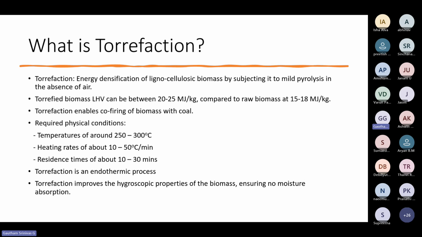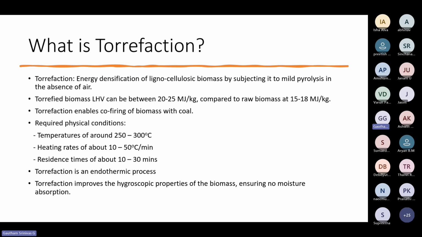So we're losing only 10% of the total energy content, in the course of losing the volatiles and also providing energy for this process. Only 10% is lost, while about 30% of the mass is lost, but the energy density of the biomass is increased.